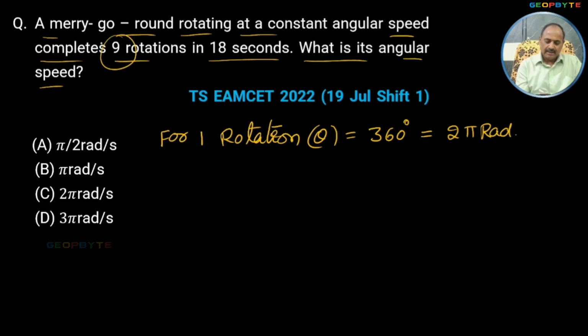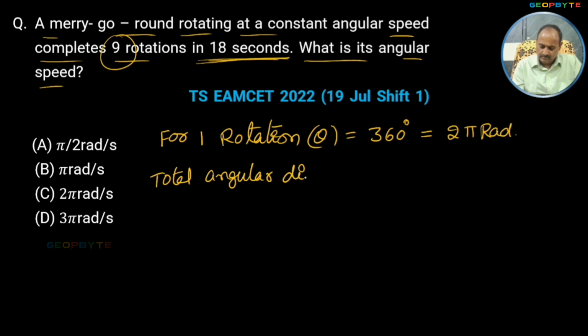But it is completing 9 rotations in 18 seconds. The total angular displacement equal to 9 into the angular displacement for one rotation, 2 pi.